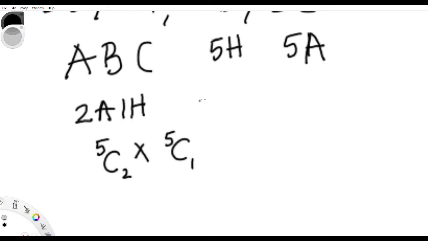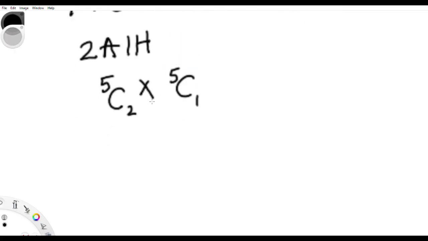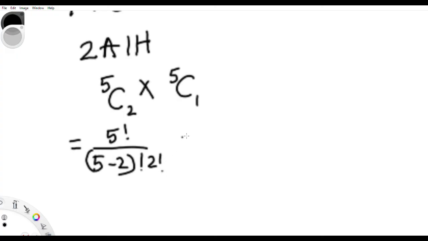If I pick 2 humans, then humans are now more than animals. So this is the only way animals can be more than humans. So that's 5 combination 2, which is 5 factorial over 5 minus 2 factorial times 2 factorial, and remember, 5 combination 1 is still 5.